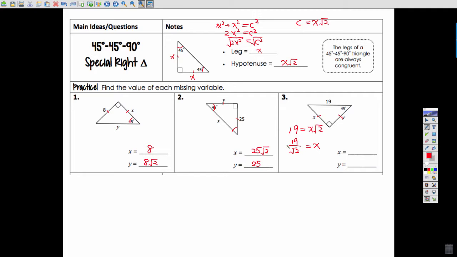If I want to simplify this, I multiply by root 2 over root 2. So my x is 19 root 2 in the numerator, and in the denominator is just 2. So it's 19 root 2 over 2. And that works for y as well because they equal each other. It's an isosceles right triangle.